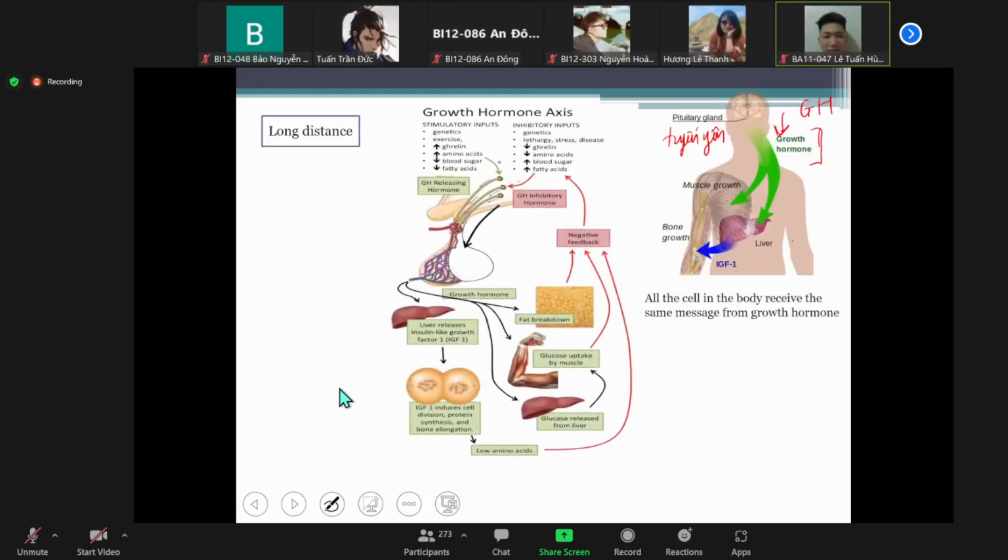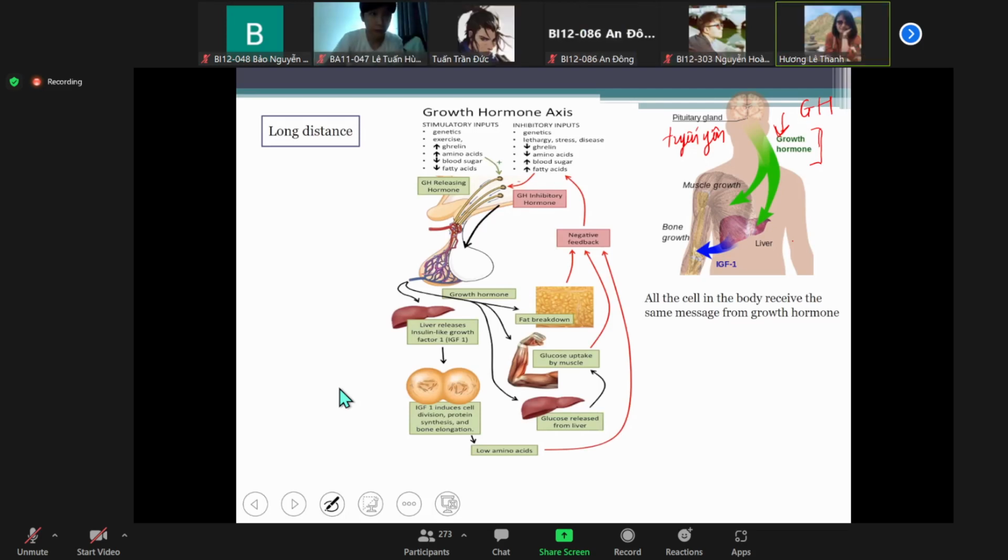For the long distance, for the GH growth hormones, we have a balance. When they secrete more GH, the genetic material will be activated, with more exercise and more amino acids. So they use a lot of sugar, and the blood sugar will decrease.